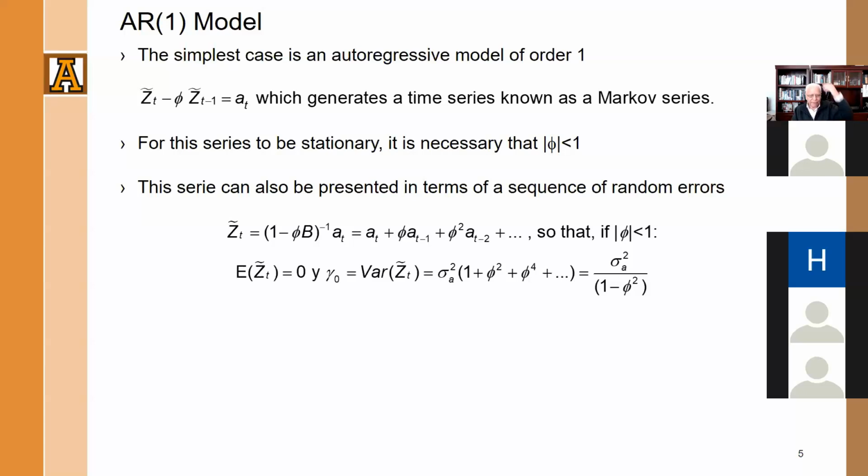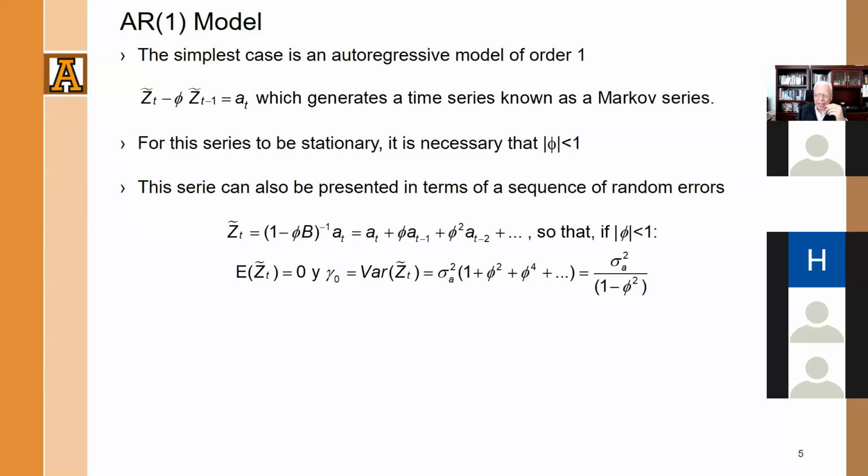So that will be the variance of a_t plus phi squared times the variance of a_{t-1}, plus phi to the fourth times the variance of a_{t-2}, and so on. That's sigma sub a squared, where sigma sub a squared is the variance of a_t, times 1 plus phi squared plus phi to the fourth and so on.